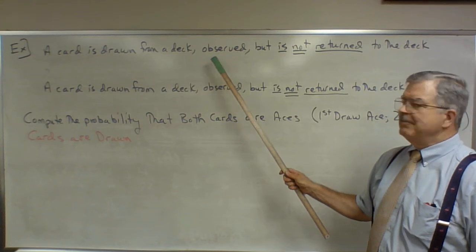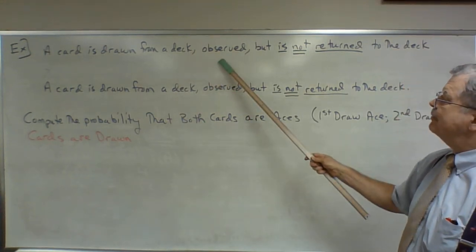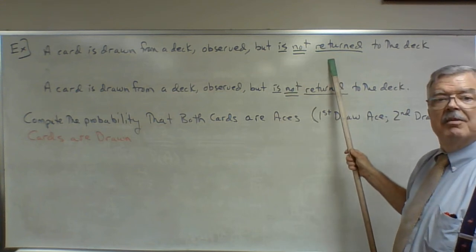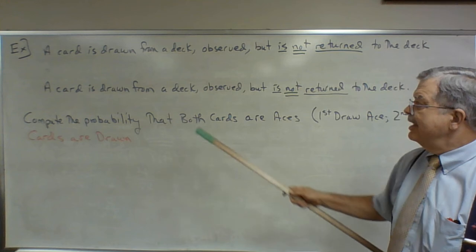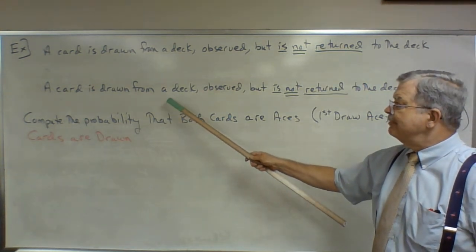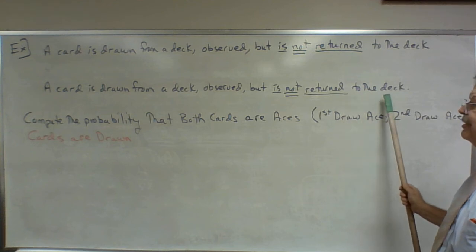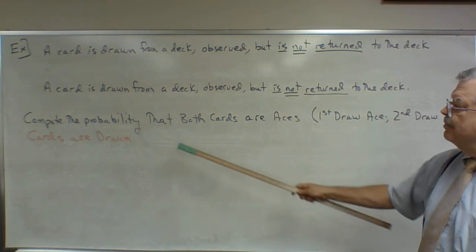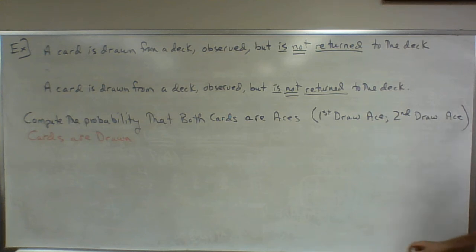A similar exercise: a card is drawn from a deck, observed, but it's not returned to the deck. And then a second card is drawn from the deck, observed, and not returned to the deck. Compute the probability that both cards are aces.